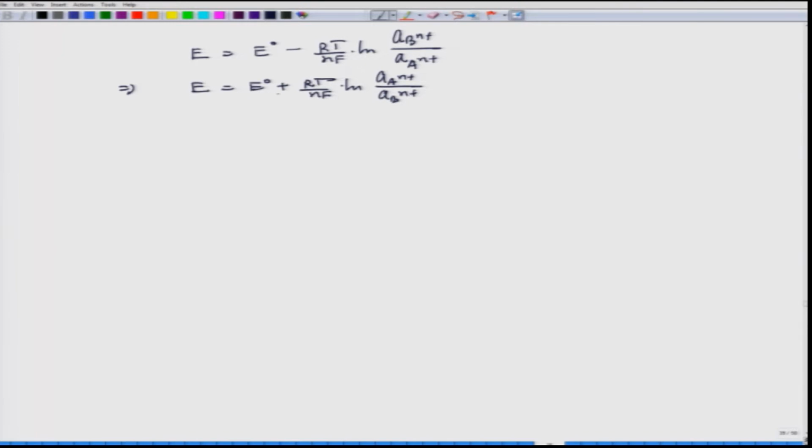We are just changing this positive sign, changing denominator and numerator, and then accordingly we can change it. So, this is a very important relation.